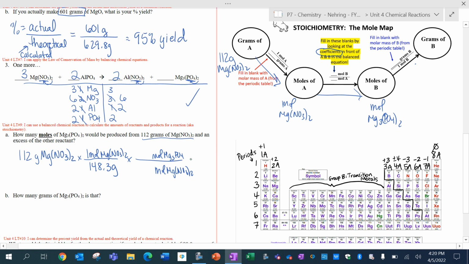My balanced chemical equation tells me that for every 1 magnesium phosphate, so remember there's no number written, that's like there's a 1 there, I need 3 magnesium nitrates. So it's a 1-to-3 mole ratio. When I plug this in my calculator, 112 times 1 divided by 148 times 1 divided by 3, I end up with 0.252 moles being my answer.